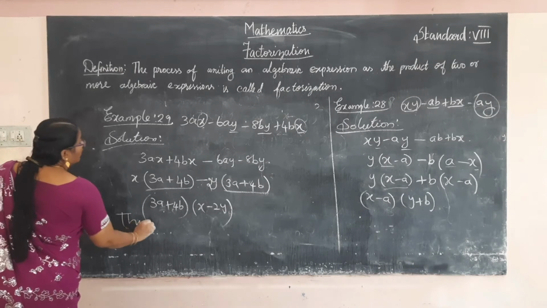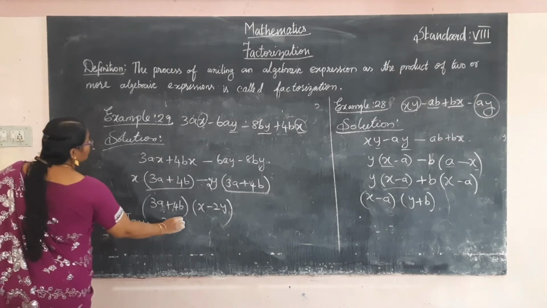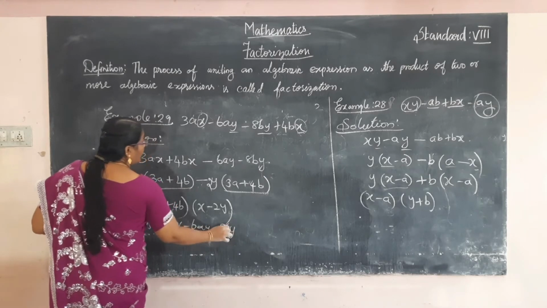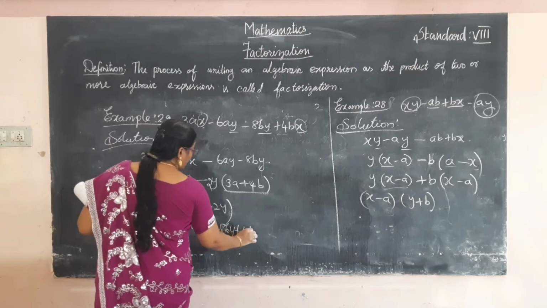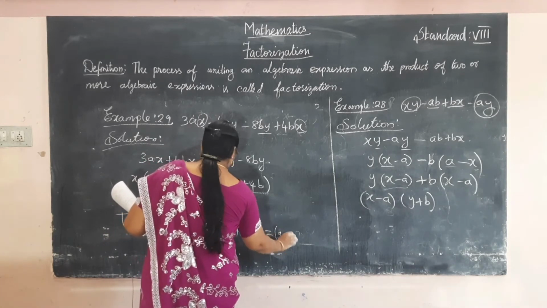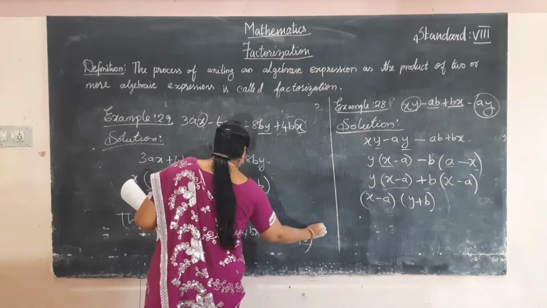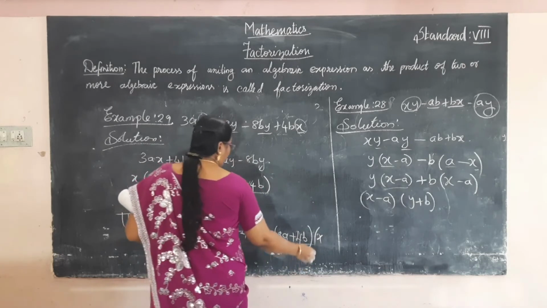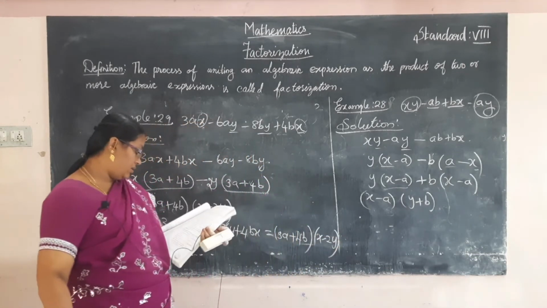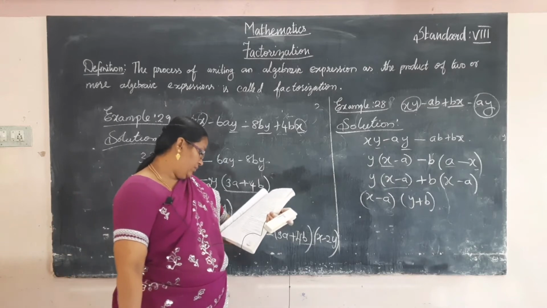Thus 3ax − 6ay − 8by + 4bx is equal to (3a + 4b)(x − 2y). Okay, right.